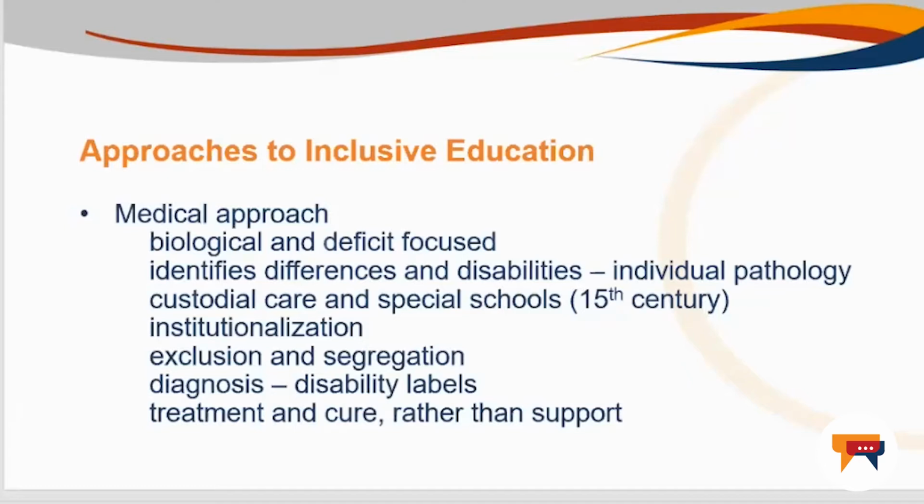And quite frequently the label might have been inaccurate, but once there was a label of autism or intellectual disability or whatever the label was, that label would stick to that learner like glue, and the learner would be stuck with that label permanently, okay? And then the focus in this medical model has traditionally been on seeking treatment or a cure, and not support for the individual.